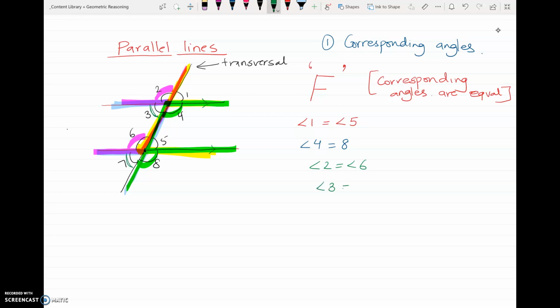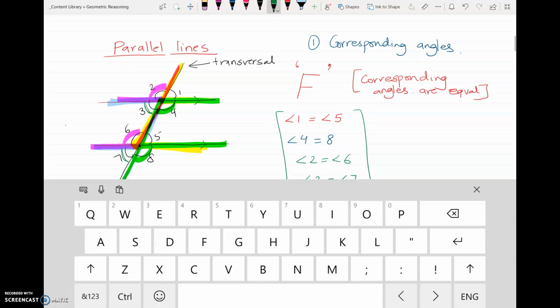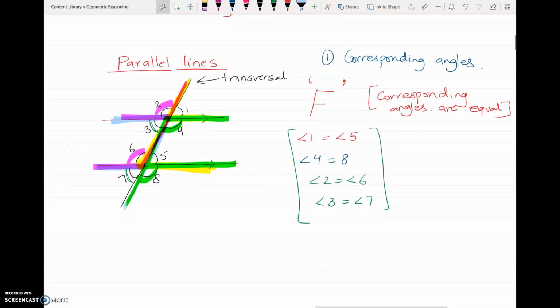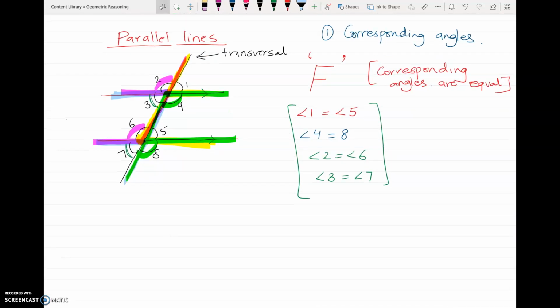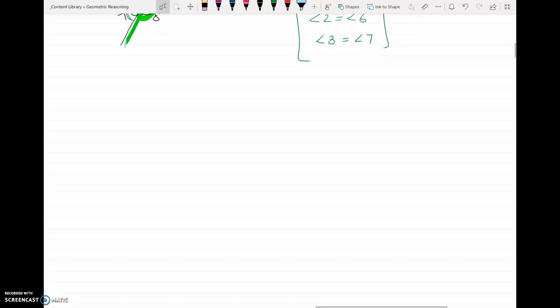I can see angle 3 equals angle 7. So these are all corresponding angles. So the basic thing that we have to remember here is we have to identify a letter F, and the corners of the F will form corresponding angles, and they are all equal in parallel lines.